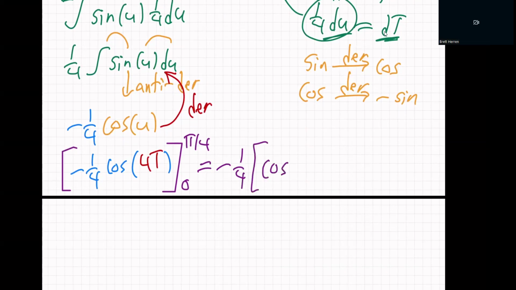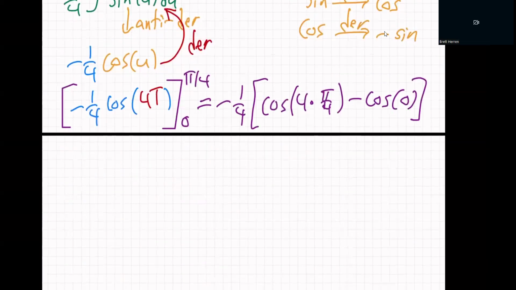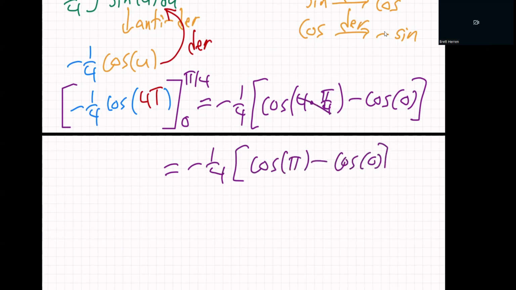And we have the cosine of 4 times pi over 4 minus the cosine of 0. Okay, and so that's the cosine, these cancel, of pi. That's the cosine of 0.